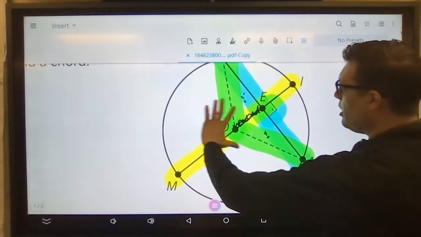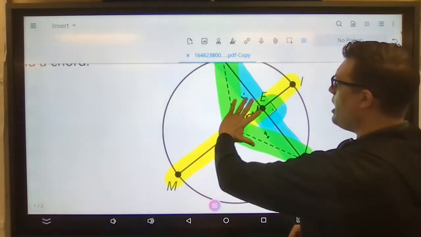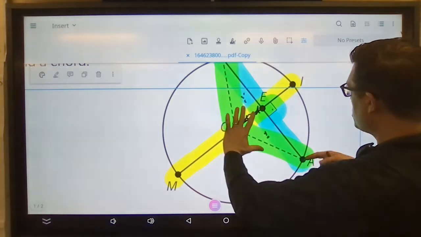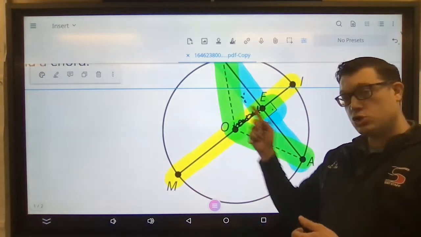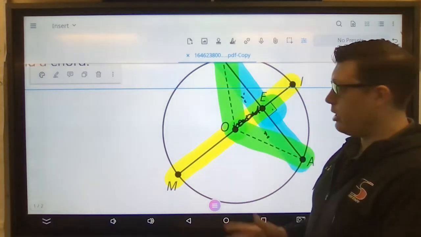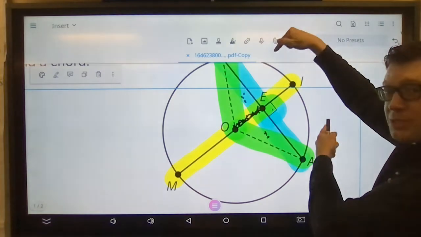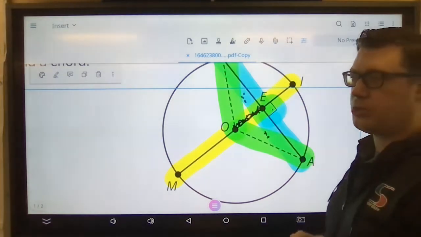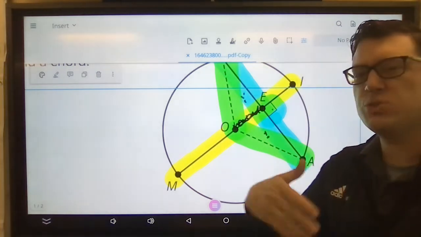And then angle AOE is also going to create a central angle, IA, and those two are equal. Well, because these triangles are the same, then by corresponding parts of congruent triangles, these two angles are the same, which means that these intercepted arcs created by those angles are the same, throwing a lot of congruence all over the place. That's really where we're headed.